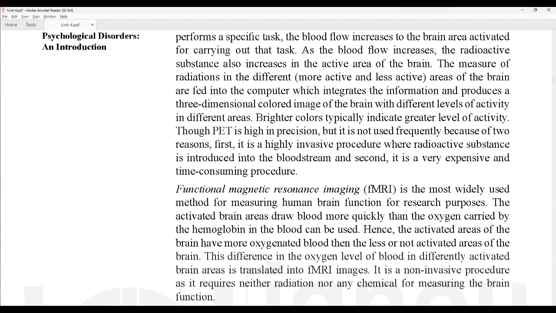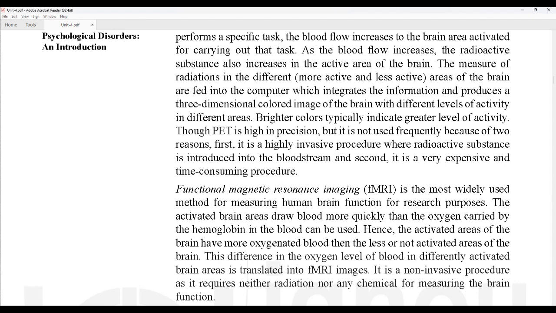As the blood flow increases, the radioactive substance also increases in the active area of the brain. The measure of radiations in the different, more active and less active, areas of the brain are fed into the computer, which integrates the information and produces a three-dimensional colored image of the brain with different levels of activity in different areas. Brighter colors typically indicate greater level of activity.